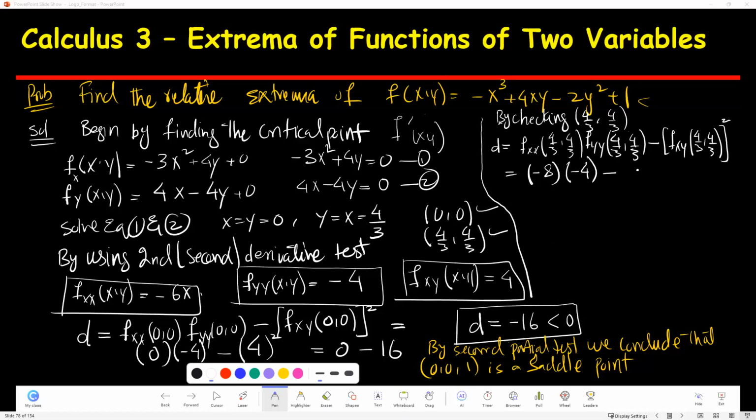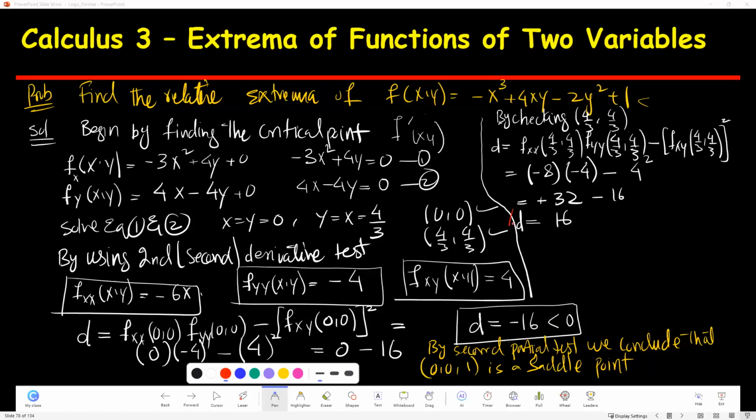And this value is 4 squared. So really if I solve, it's going to be 32 minus 16, right? And if I solve further, I'm going to get 16 as my answer for D.